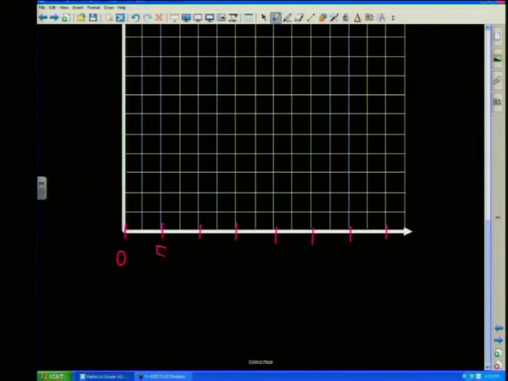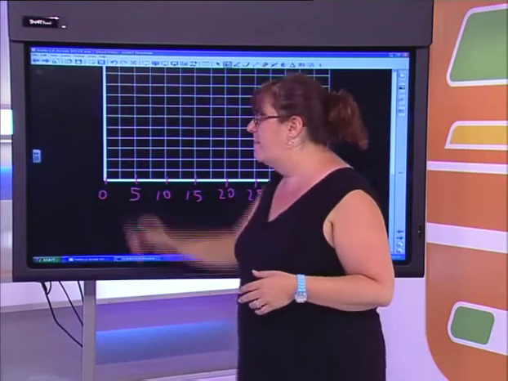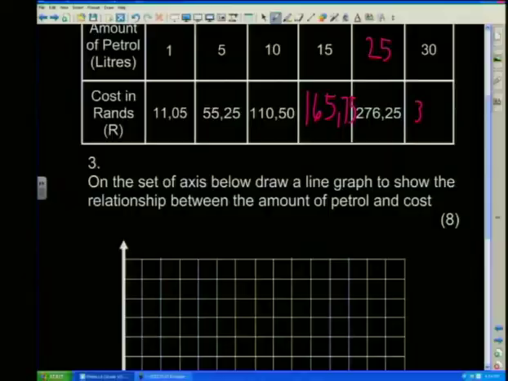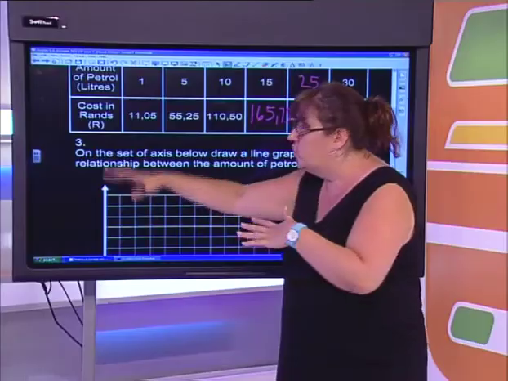That should work. Okay, so I've got up to 30. And then I'm going to go up, my cost needs to go from 0 to my maximum, which was 331 and 50 cents. So I need to go up to 300. So I'm going to do that on that axis.